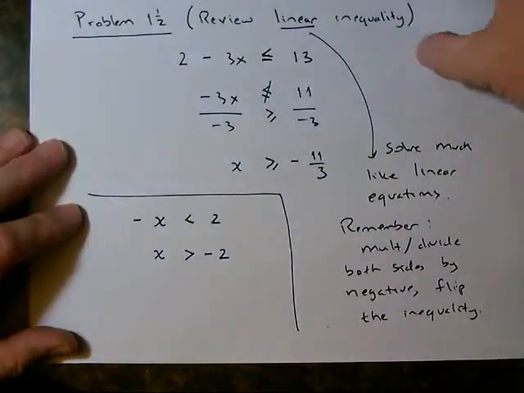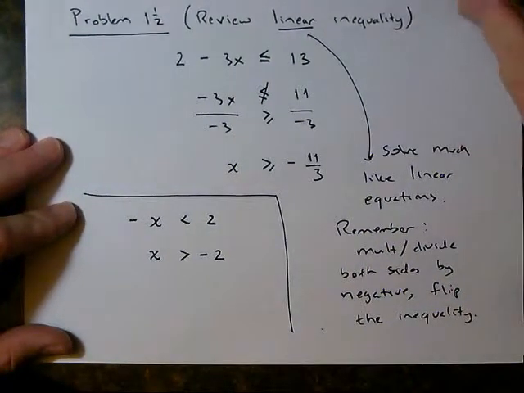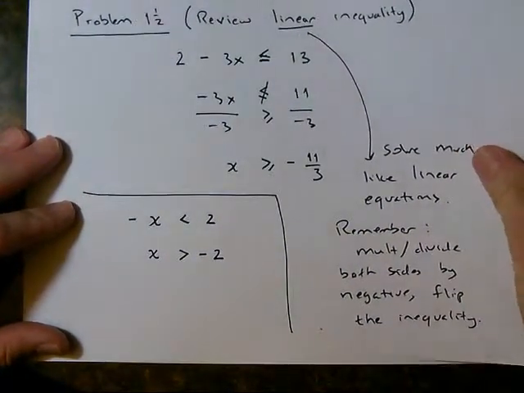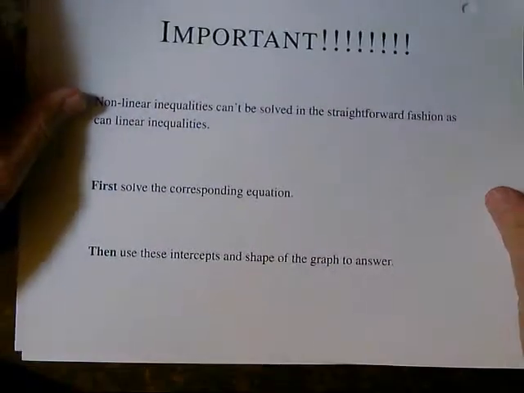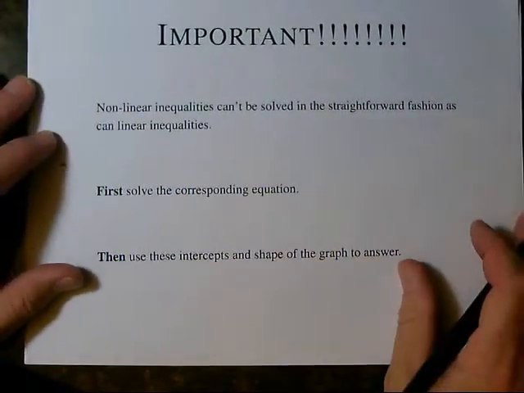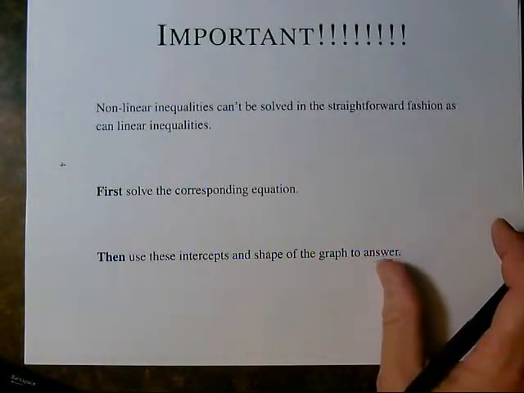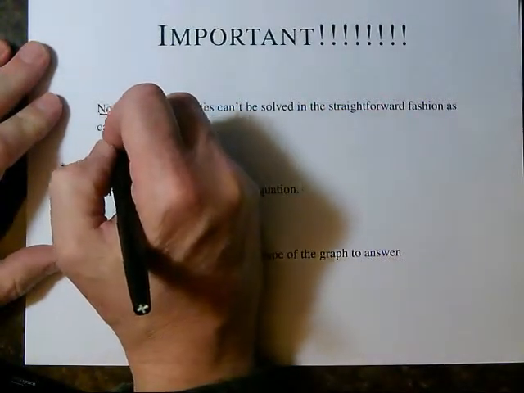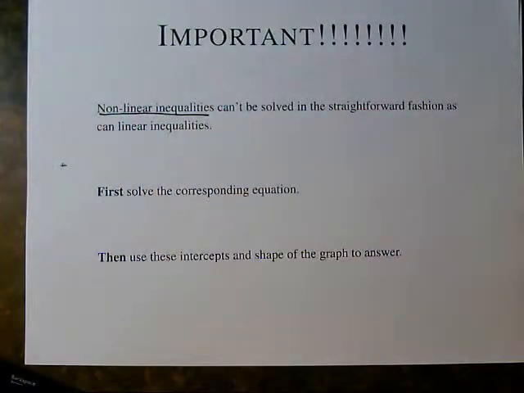Now, this is how things work for linear inequalities. A huge mistake that people make with quadratic inequalities is treating them as though they can solve them like equations. Nonlinear inequalities cannot be safely solved like equations. Okay?